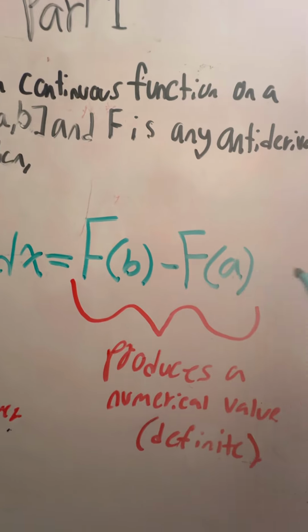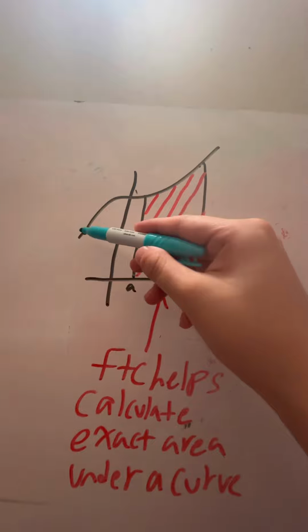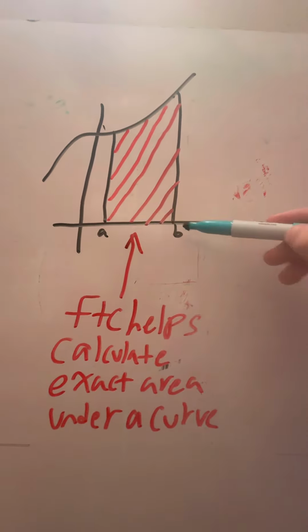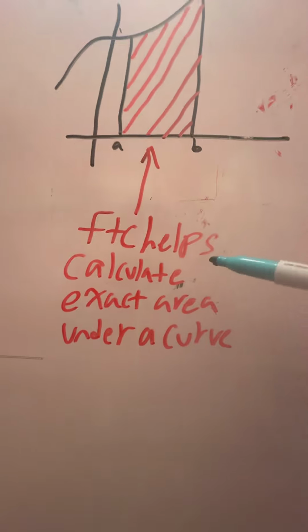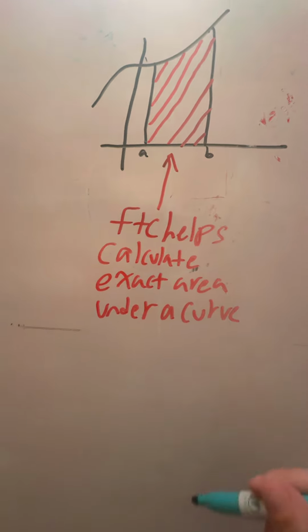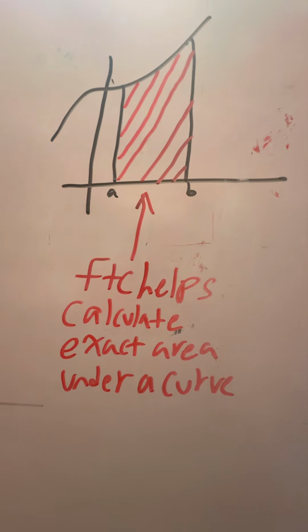That's how we get the area under the curve. A visual of this: let's say this is f of x, and we have the area under the curve from a to b. The fundamental theorem of calculus gives us the exact value under the curve, rather than having to use Riemann sums to approximate it.